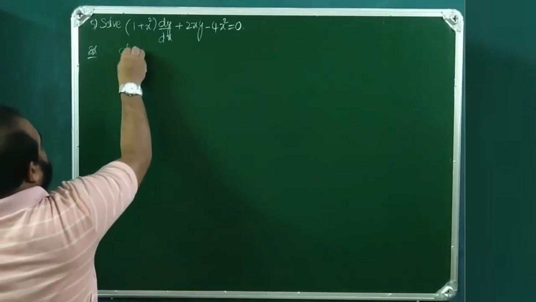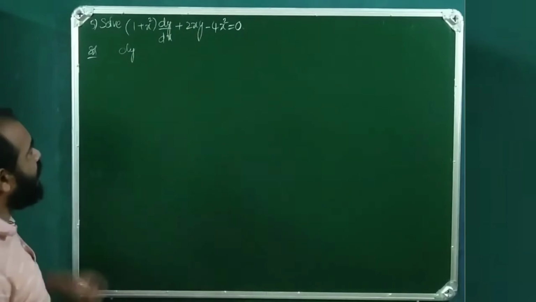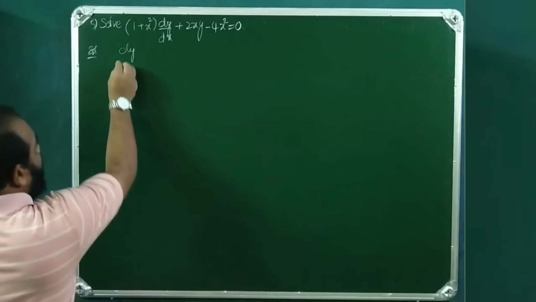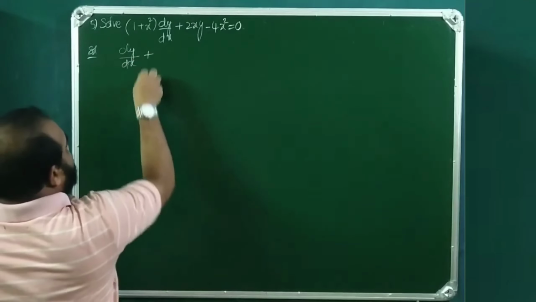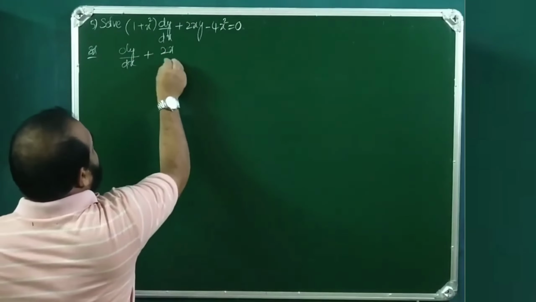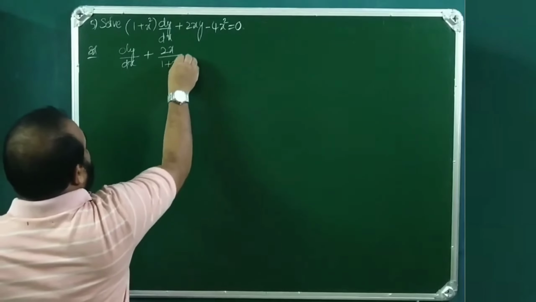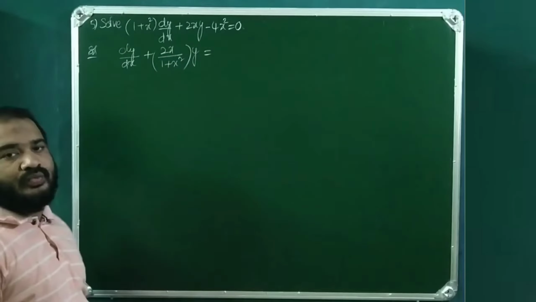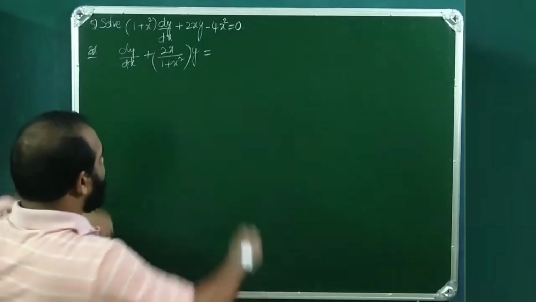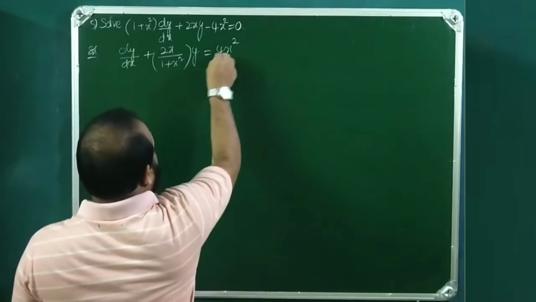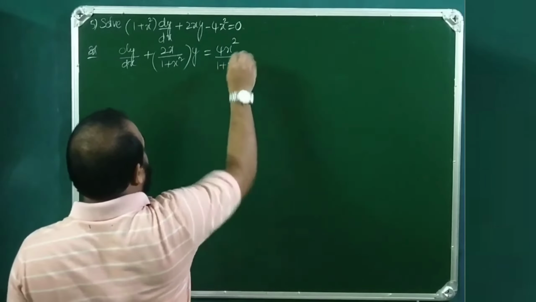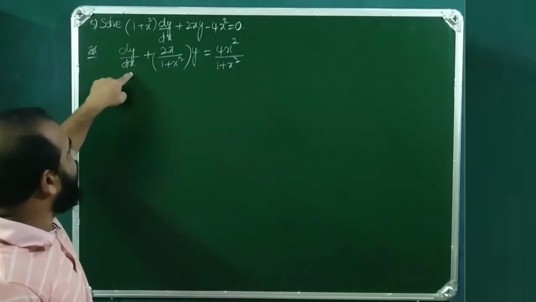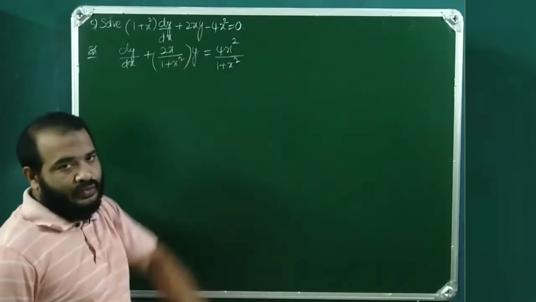Let us divide this by 1 plus x square, then dy by dx plus 2x by 1 plus x square times y. This minus 4x square, if you transpose onto the other side and divide, then we will get 4x square by 1 plus x square. This is clearly of the form dy by dx plus py equals q.